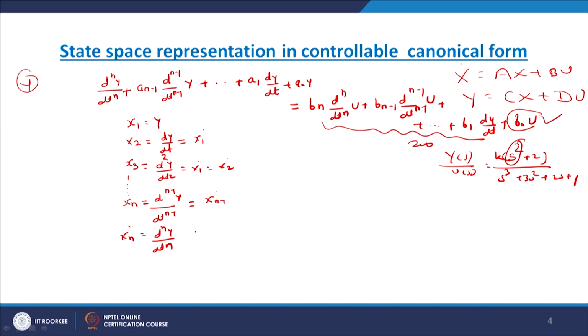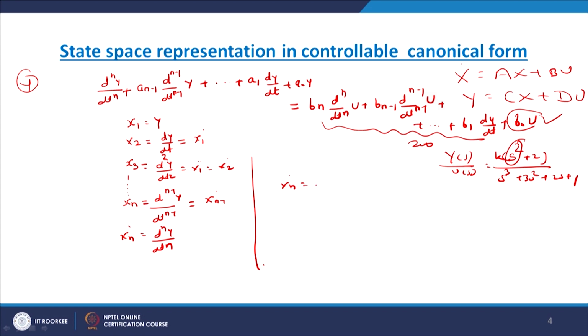Now, finally, we have to represent these equations in a state space form. Here xn dot we have written, which is d n y by dt n.